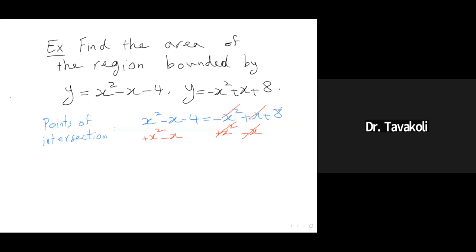Also, to move 8 to the other side, I subtract 8 from both sides. Now, what I have on the right, for that, I need to combine like terms. x squared plus x squared is 2x squared. Minus x is minus 2x, minus 8 minus 4 is minus 12. That equals 0.